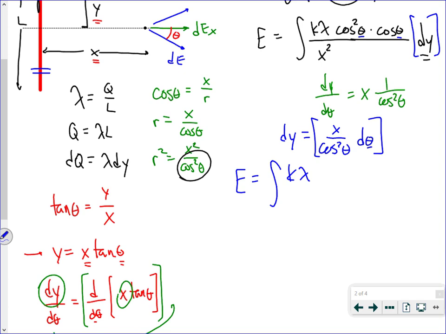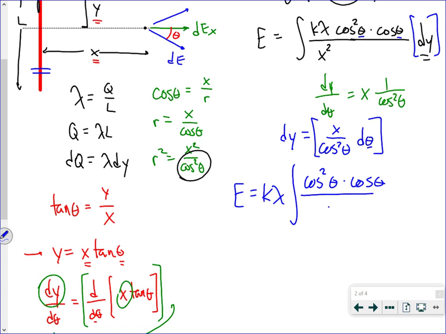Well, it's about time we pull out k and lambda, because those are both constants. They don't need to be integrated. The integral of cos squared theta, cos theta over x squared, times dy, x over cos squared theta d theta.